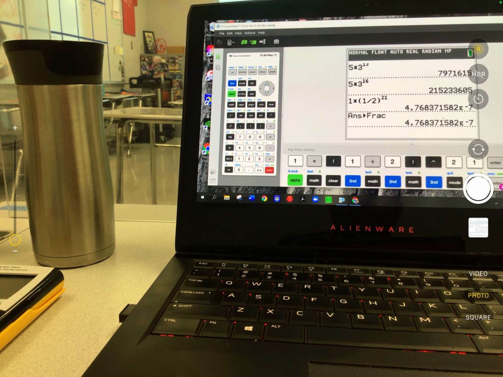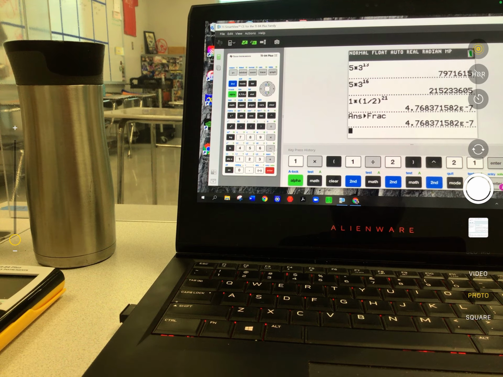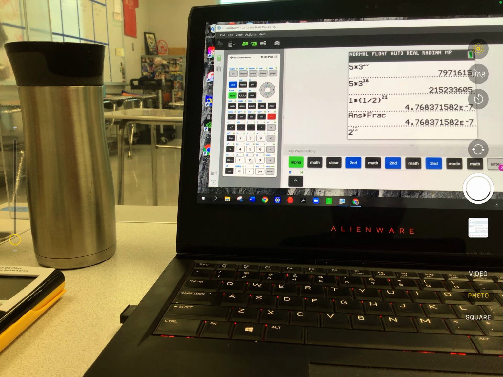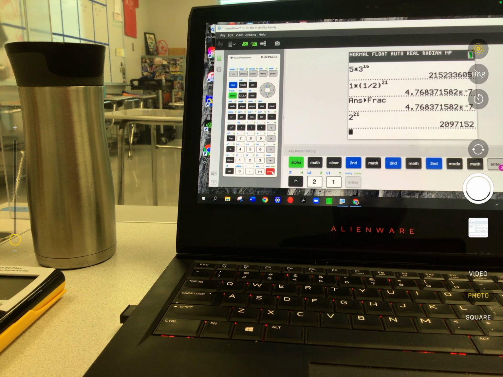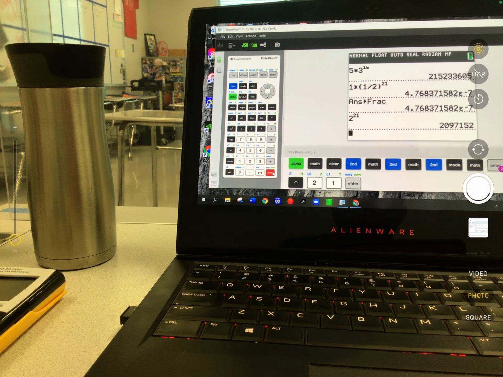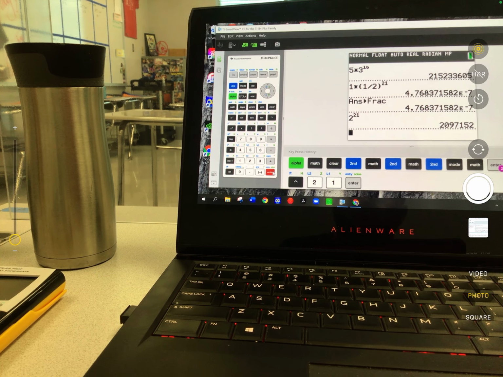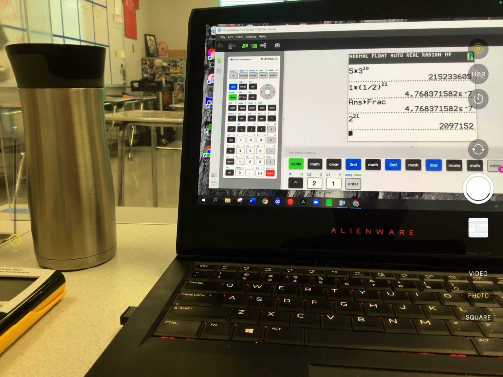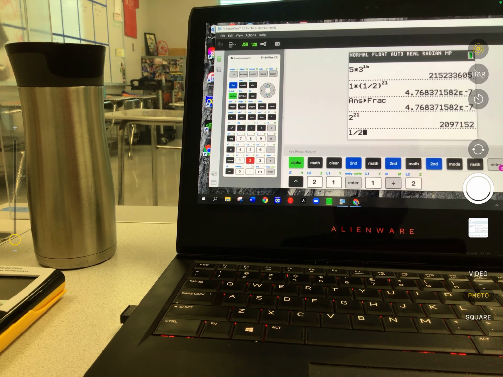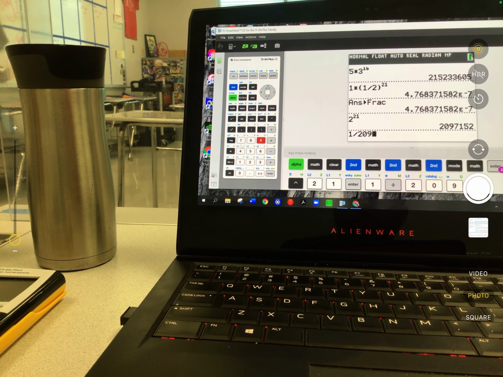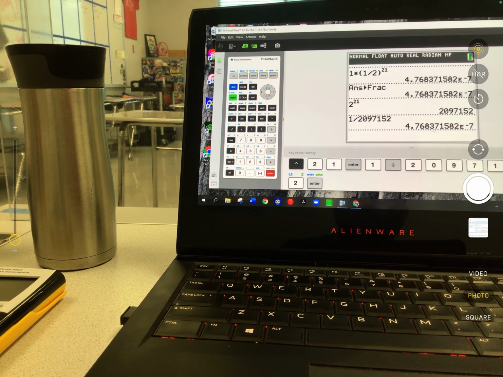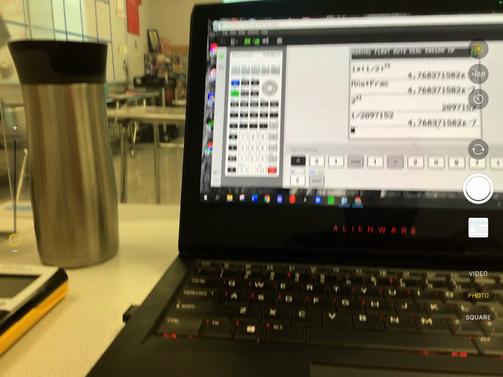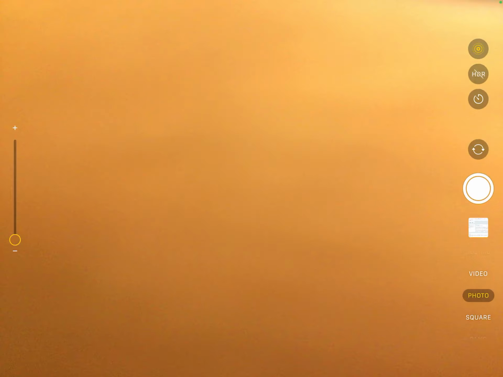So from my calculator, what I want to think about is, what is then 2 to the 21st? That number is going to be the denominator. 2097152. So what that tells me is I'm taking that 1 in the numerator, dividing by that number, and because it's such a large number, my calculator couldn't handle that.